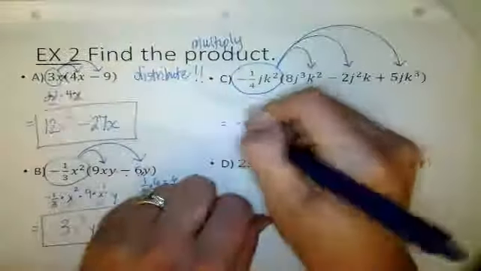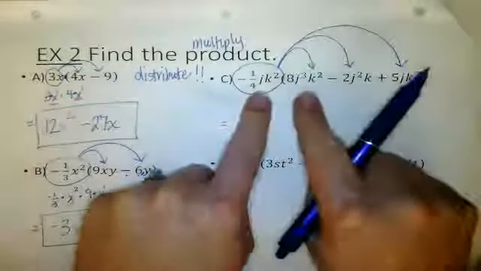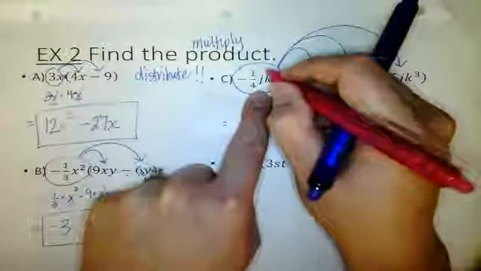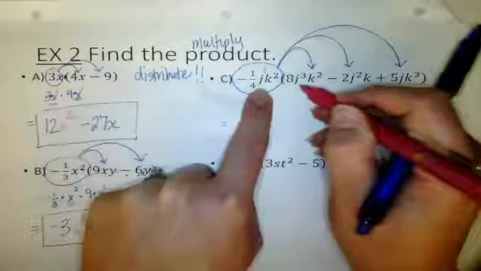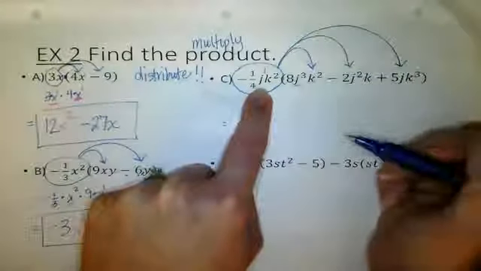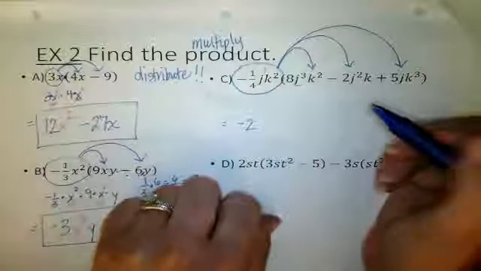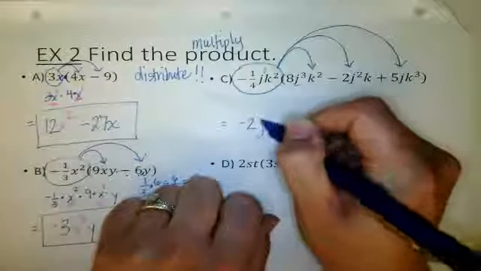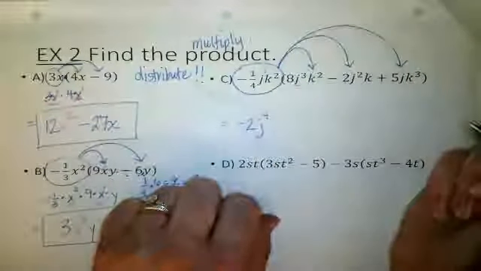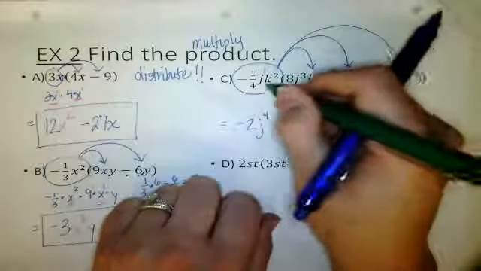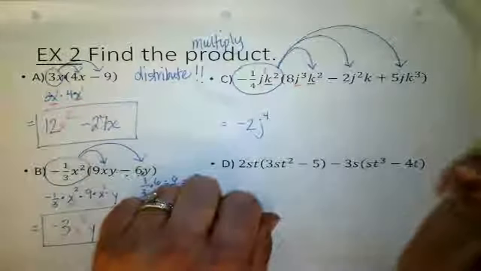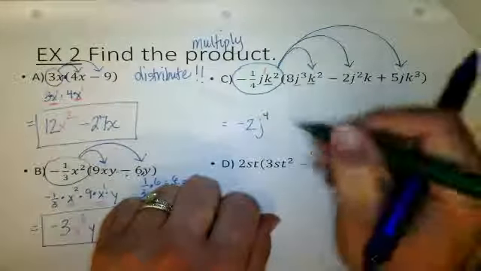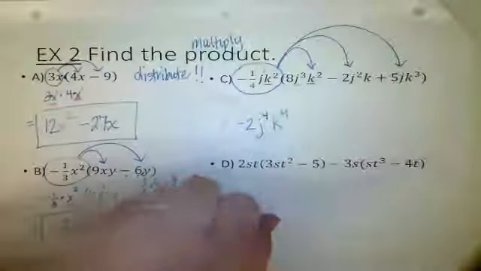Negative 2. This is, if you will, j to the first times j cubed. What's j to the first times j cubed? J to the fourth. And then we have k squared times k squared, which would be k to the fourth.